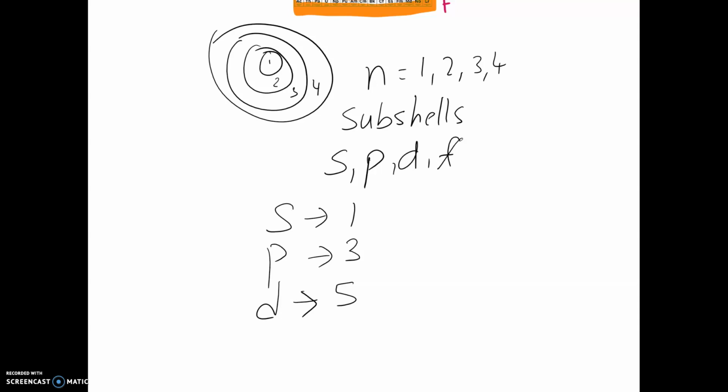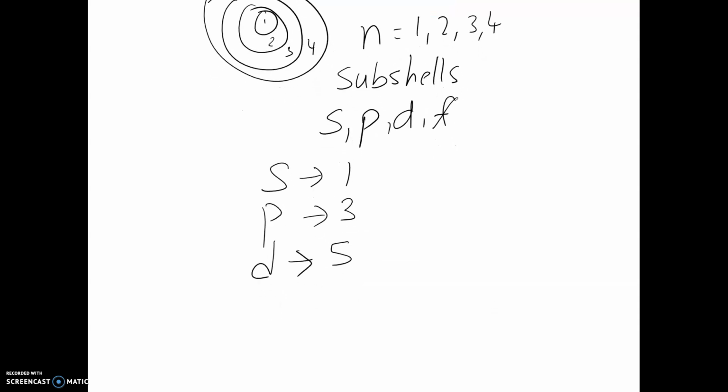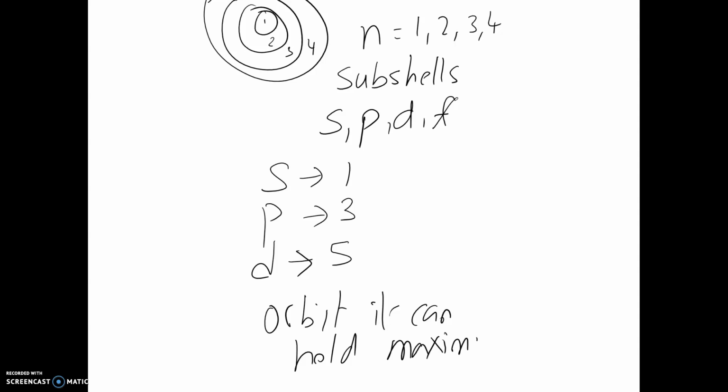All of these have those shapes, and each orbital can hold a maximum of 2 electrons.